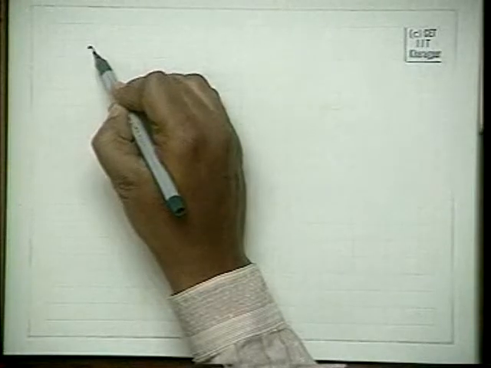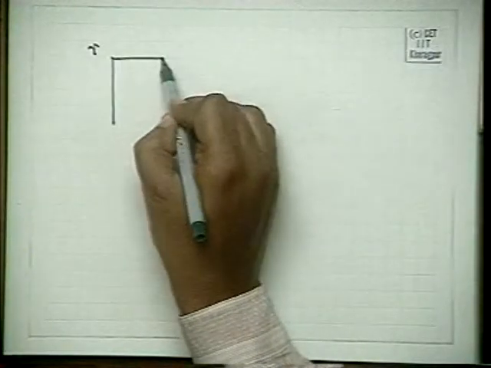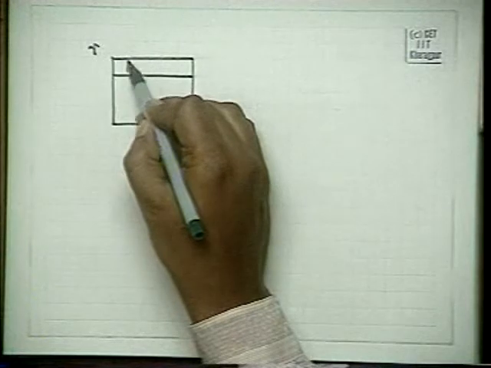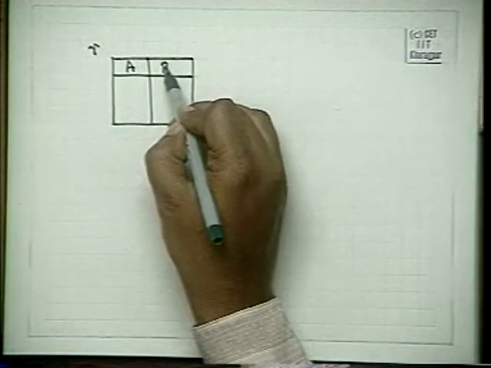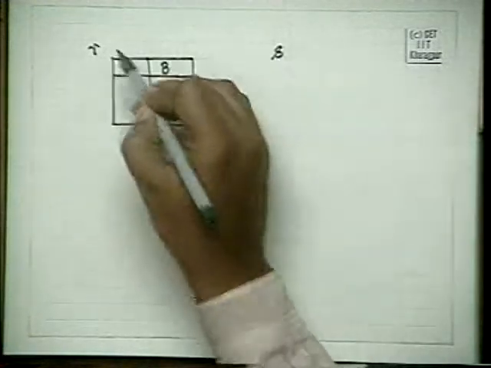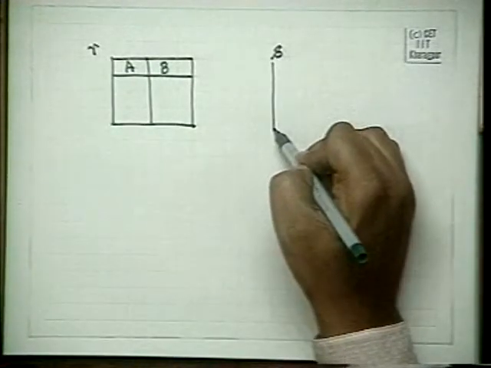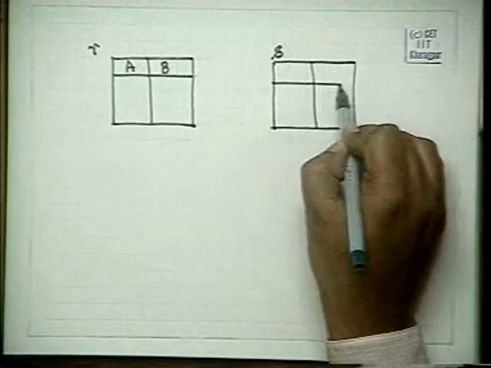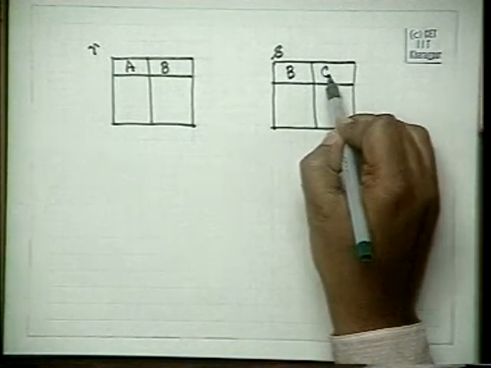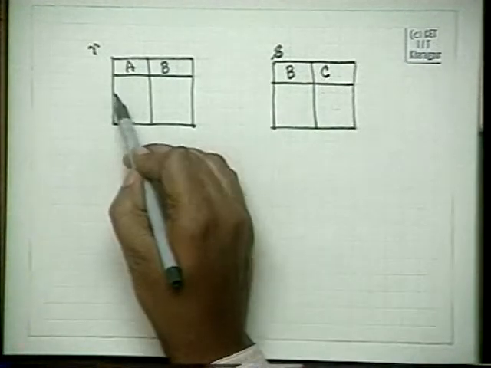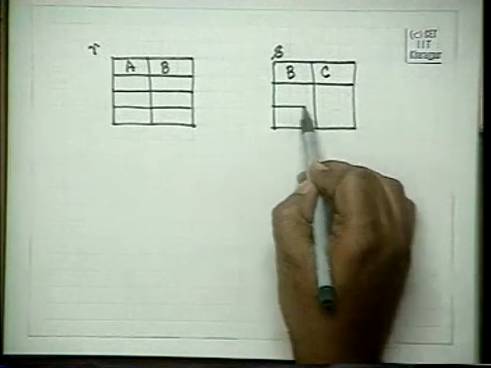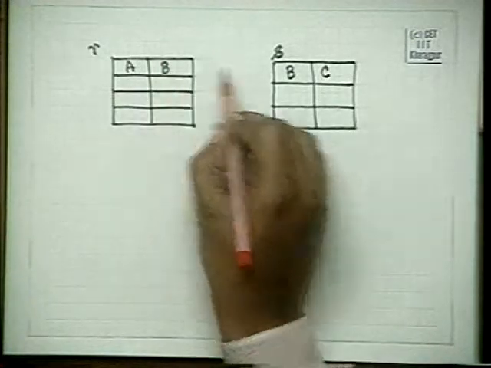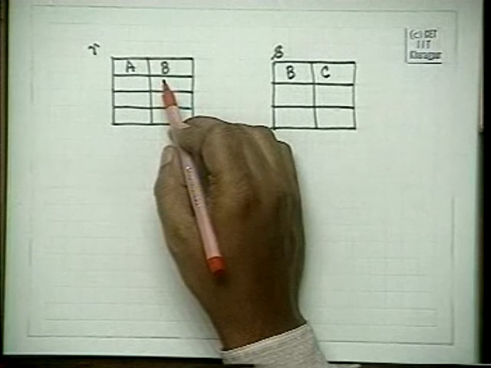Let us have a relation R having attributes A, B. Let us have a relation S having attributes B and C. Now these two B attributes are the same attribute because attributes have to be defined uniquely.